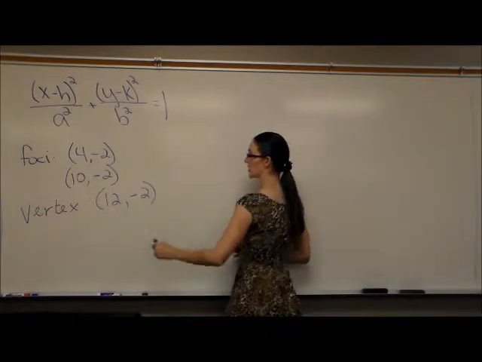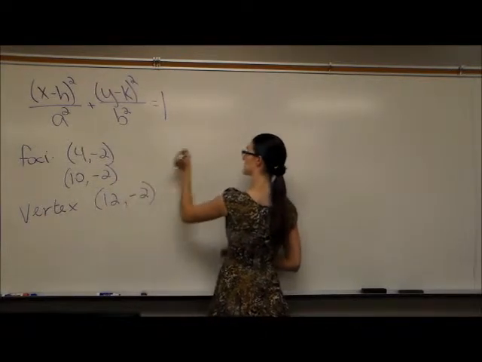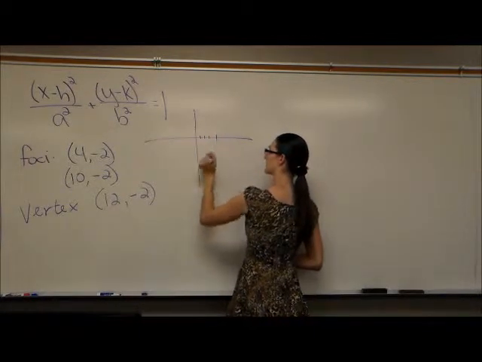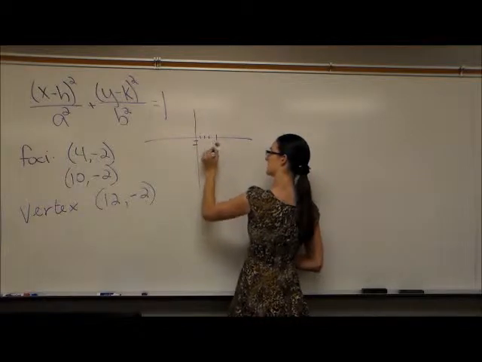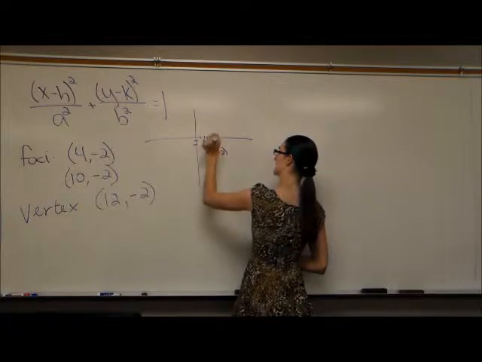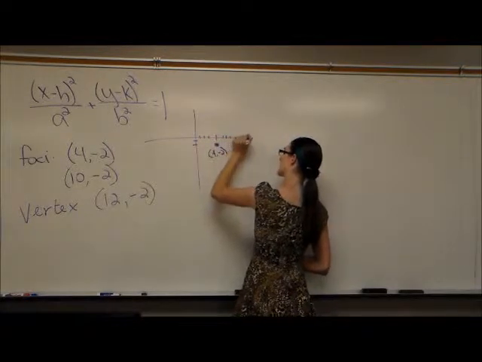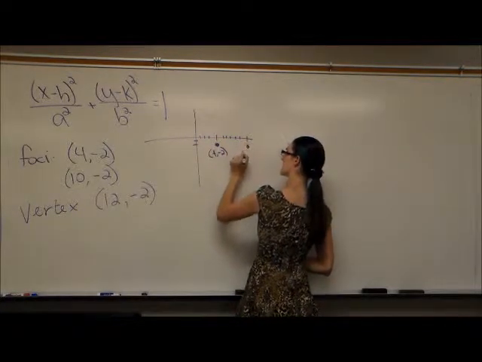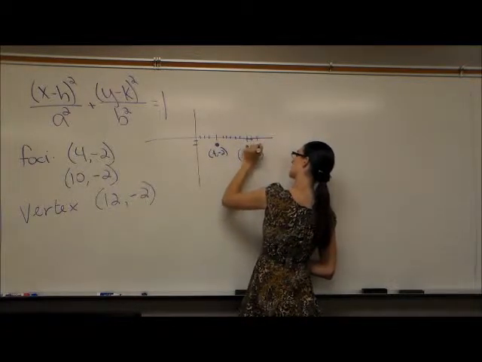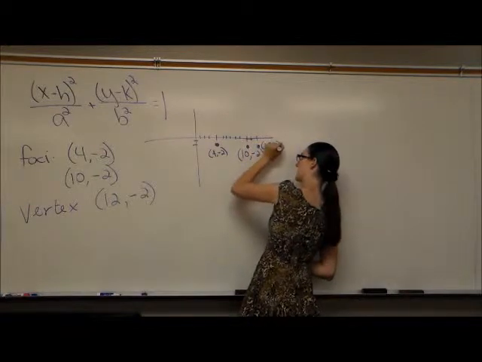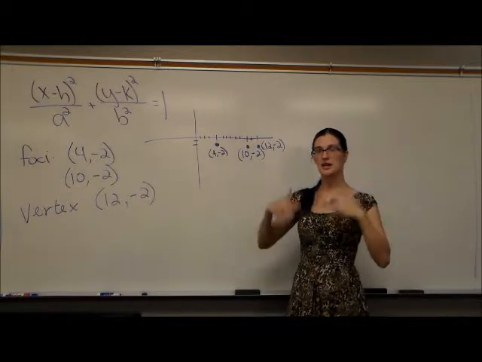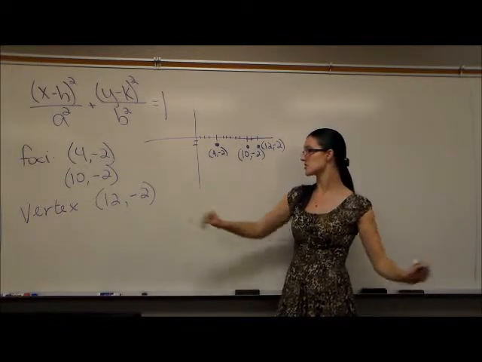So if you put it in a graph, everything's going horizontally. We have our x-axis and our y-axis. 4, negative 2. We would have 10, negative 2. And for our vertex, 12, negative 2.